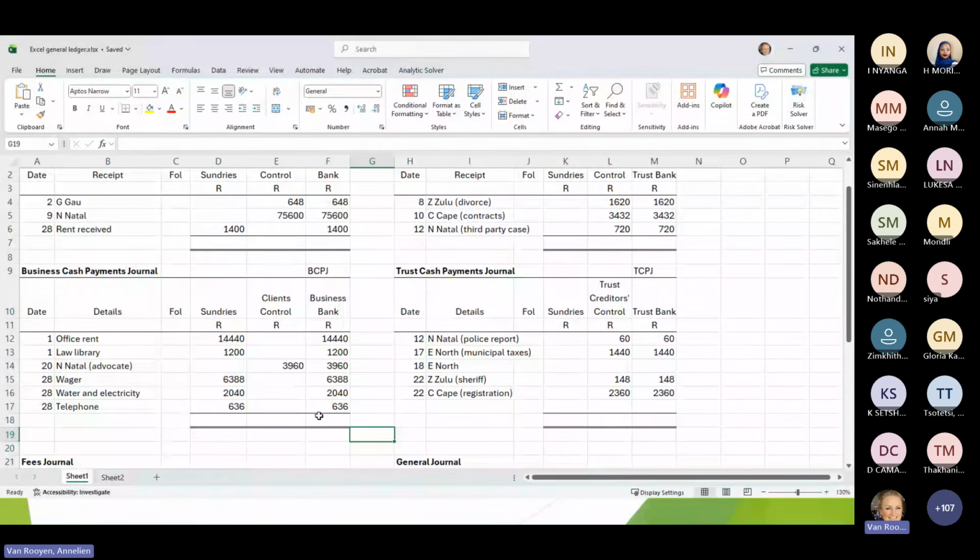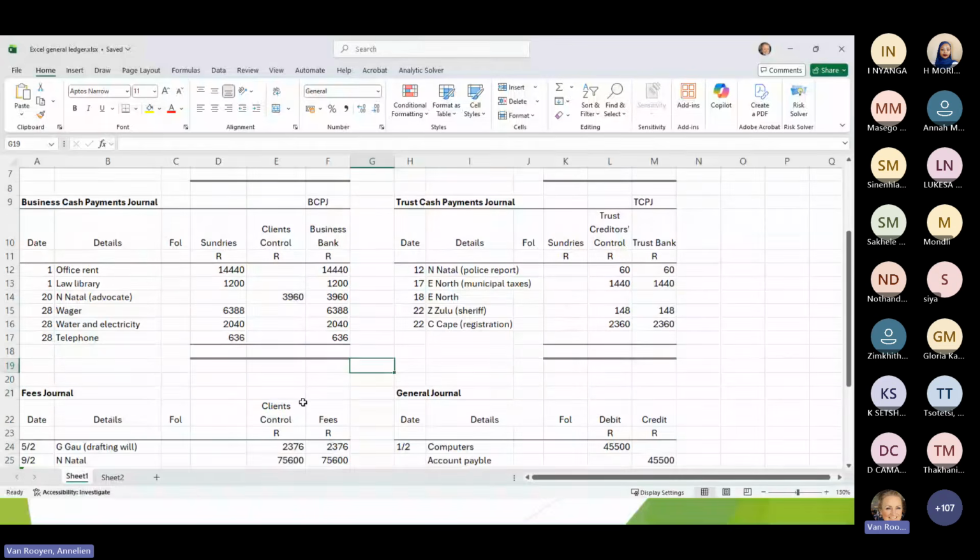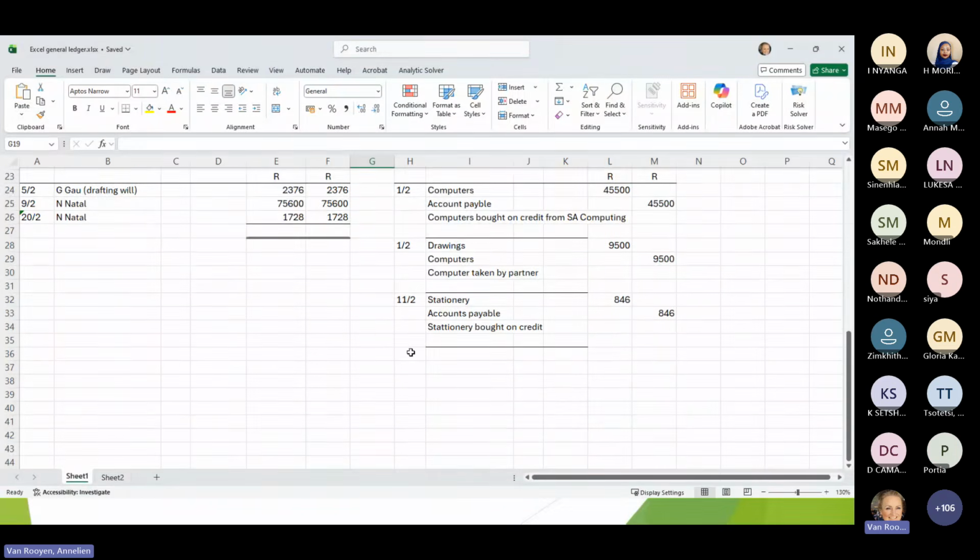On the 28th, now I want you to calculate this. What happens when there's depreciation? It's always the same entry. What is debited? Depreciation is debited. And what is credited?